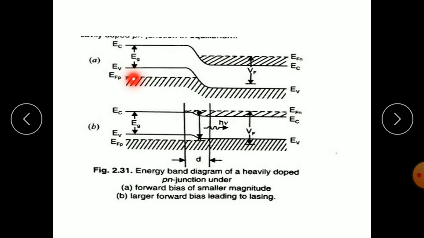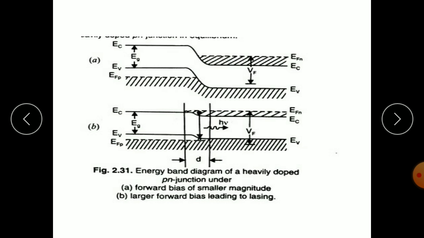This is the Fermi level of the p region. With increased doping of the n region, the Fermi level goes above the conduction band edge. This is the conduction band, this is the valence band. This happens only if we increase the doping concentration of the p and n regions.